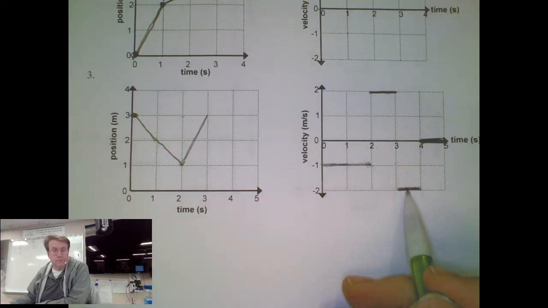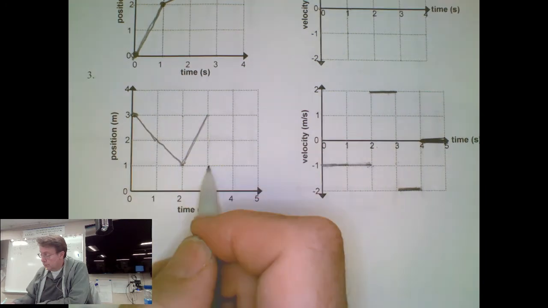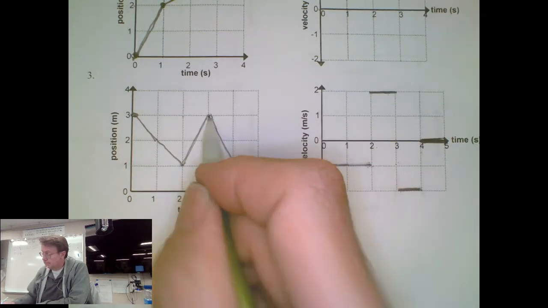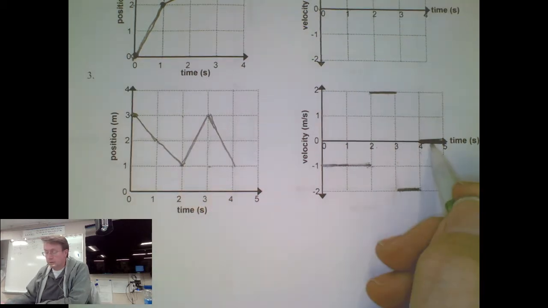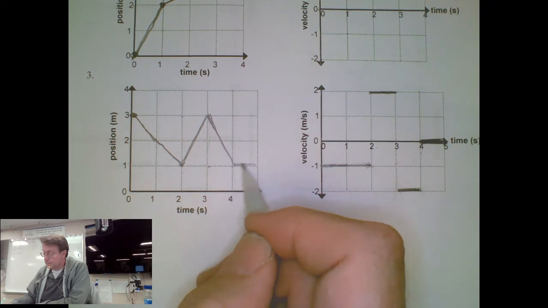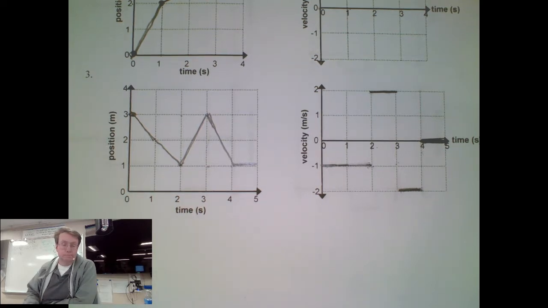Then from 3 to 4 seconds, I have to have a -2 slope. So it's down 2 over 1. And then finally, no slope. So I just stay flat. Okay.